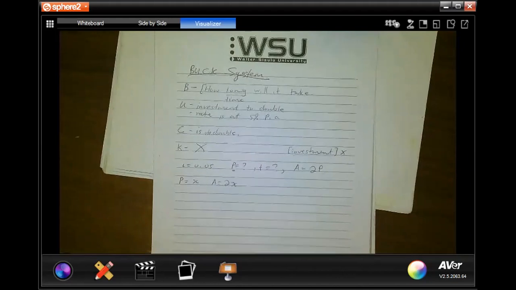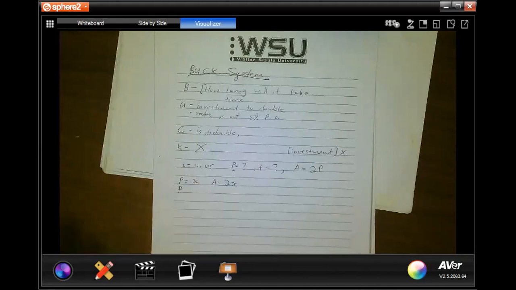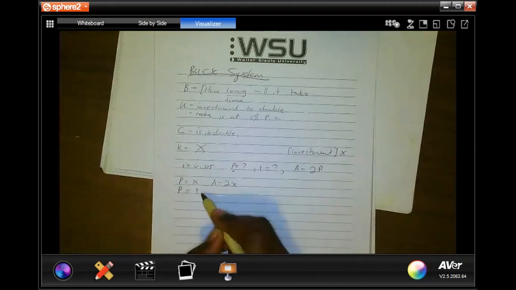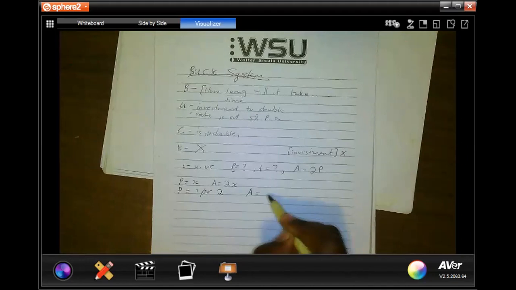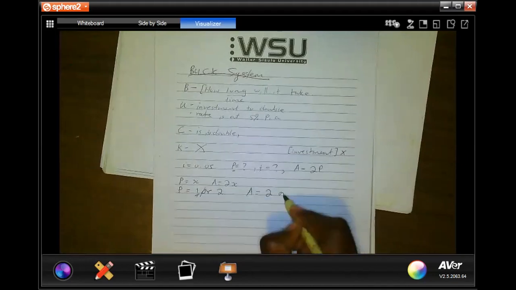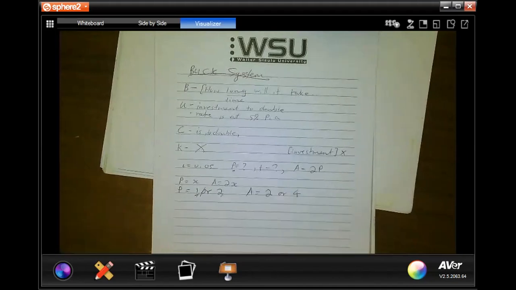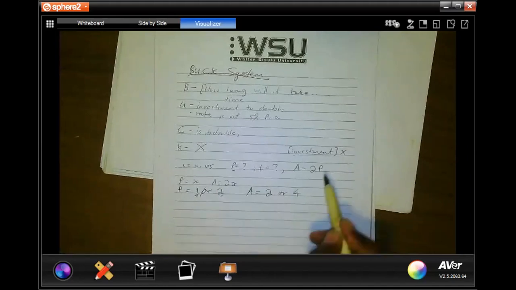Some people will say, let me take any number as long as it's positive and not 0, a number like 1, or a number like 2, so that A is 2 if P is 1, or it is 4 if P is 2. Either way, for any number you take for P, A will double that, as we are talking about doubling in our statement.